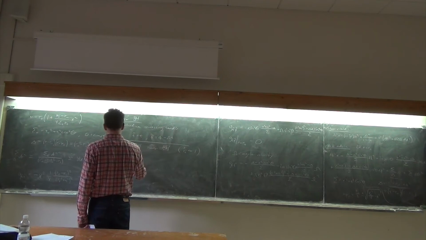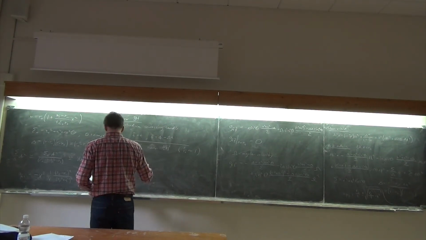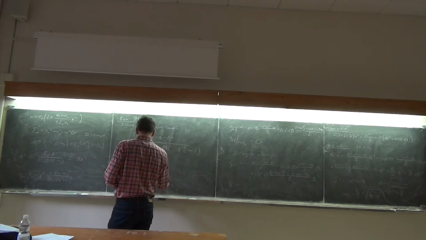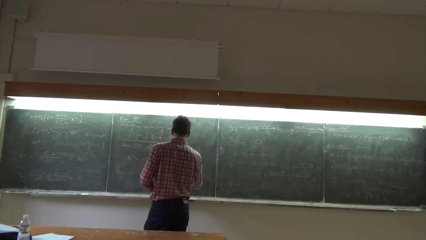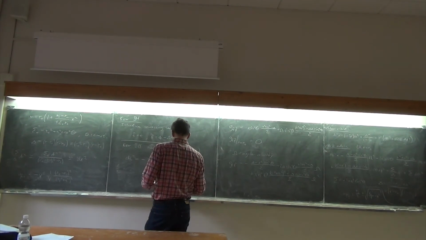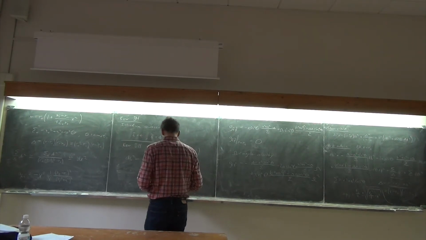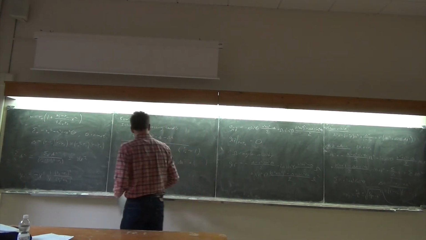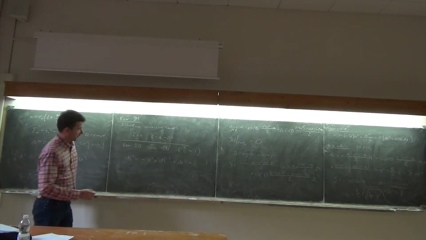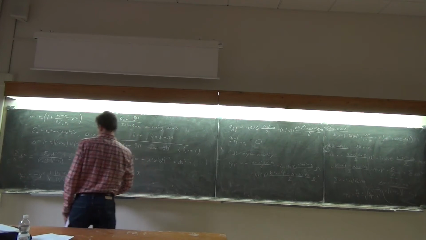So you can write the metric near the event horizon: minus kappa squared x squared t tilde squared plus dx squared, and then plus the angular part, which for now I won't write. That is also there. And where this kappa you can read off from here.